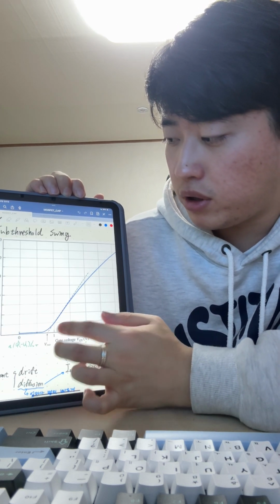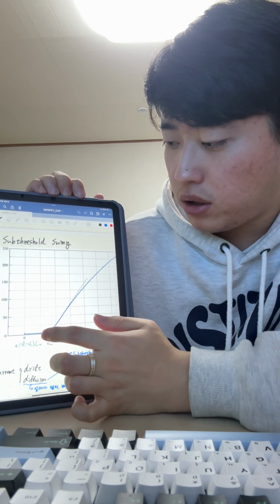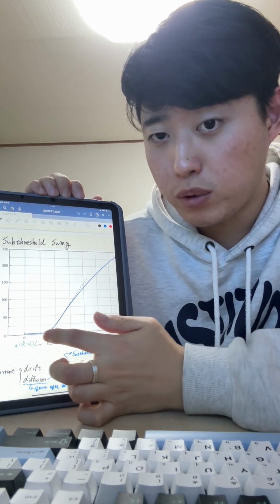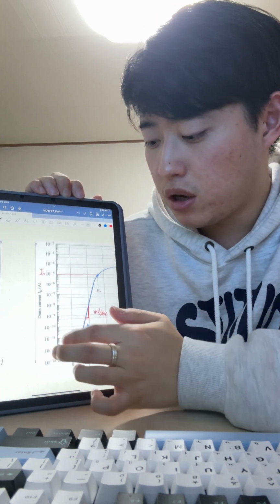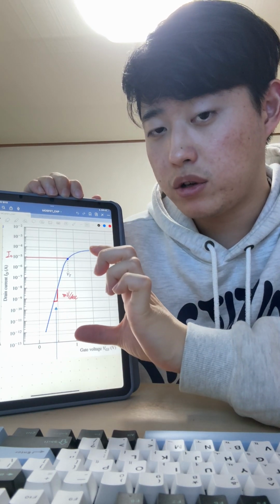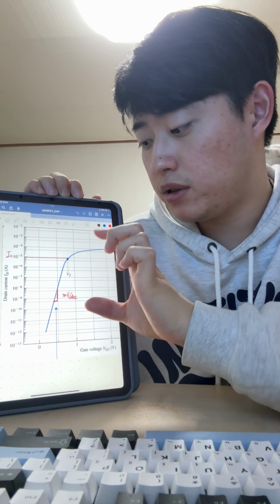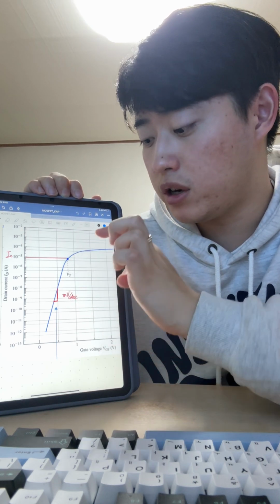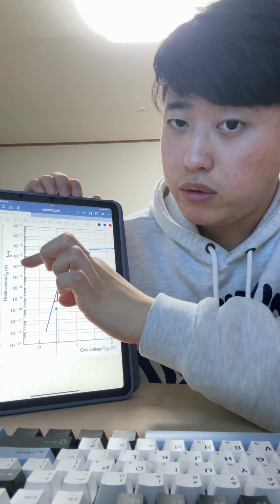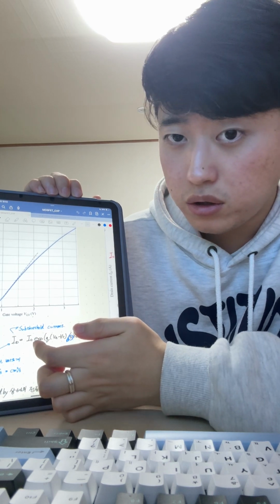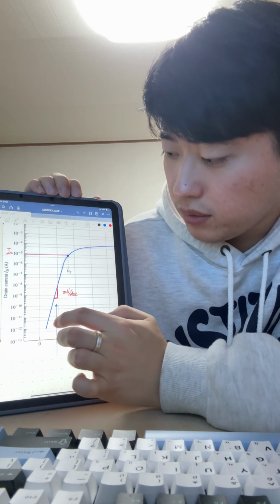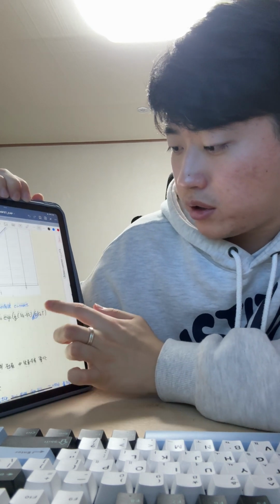So this is the VT, ID versus VGS graph, and the difference here is very small, but in the log scale there is a very deep graph in here. So here is VT, here is I0, so we can take here, and here is okay.